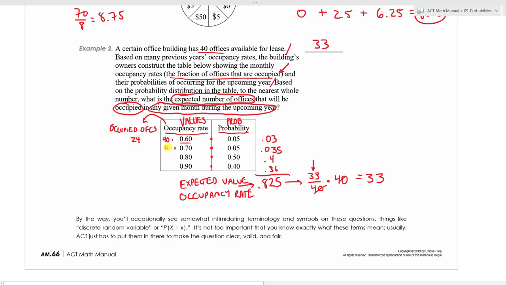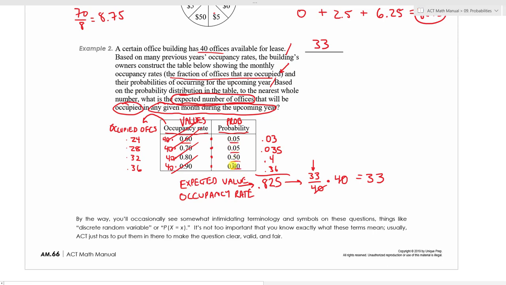The 0.7 would be 28 occupied offices. The 0.8 times 40 would be 32, and the 0.9 times 40 offices would be 36. So now we have values for occupied offices. We can ignore the occupancy rate column now and simply multiply these occupied office values times their corresponding probabilities.